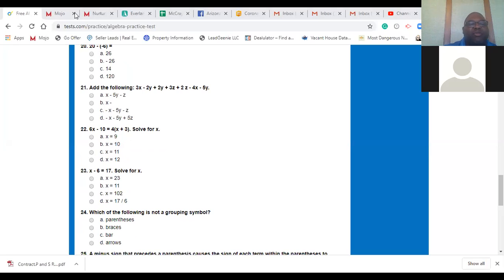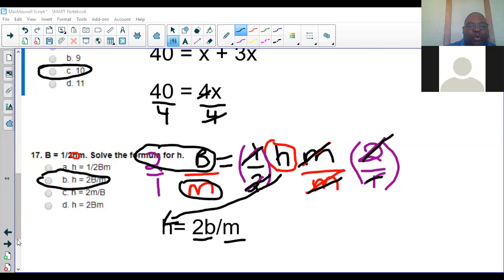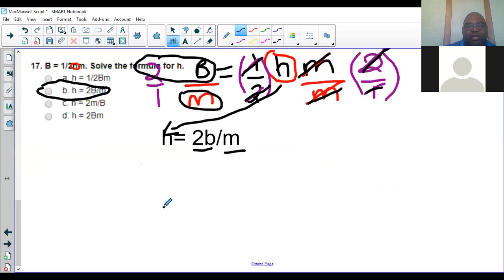Crazy thing about math, there's no shortage of different ways of doing it. It's just about which way is the most comfortable for you. Nothing that I teach you is a requirement. It's just a recommendation.